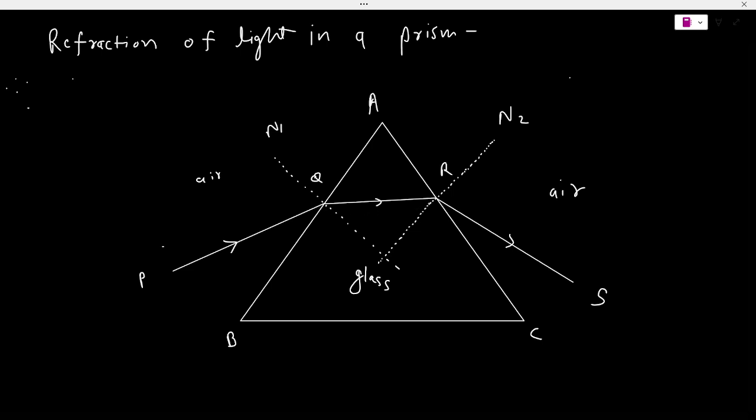And when light travels from glass to air at point R, it will bend away from the normal. So these are the two points that you have to remember.